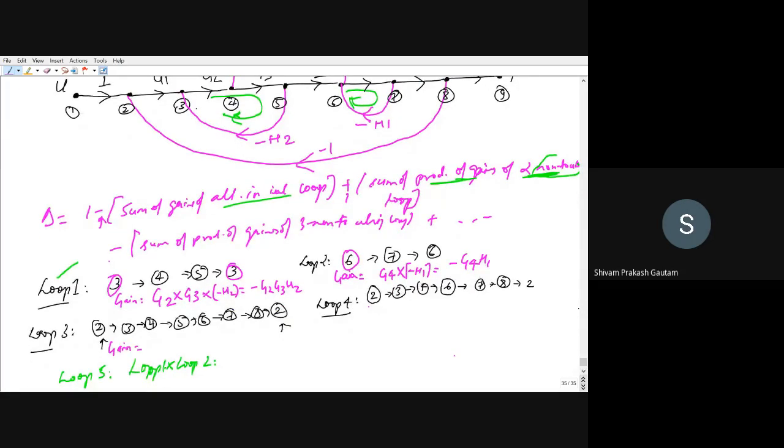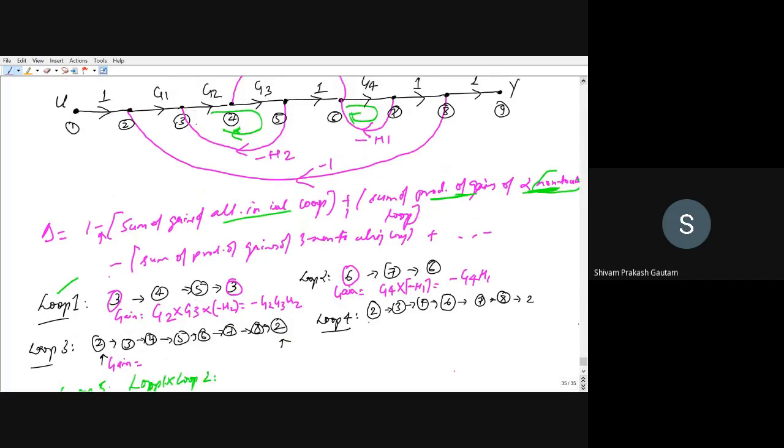From 2 to 3, what is the gain? G1, multiplied by 3 to 4, G2. 4 to 5, G3. 6 to 7, G4. 7 to 8, 1. 8 to 2 is minus 1.